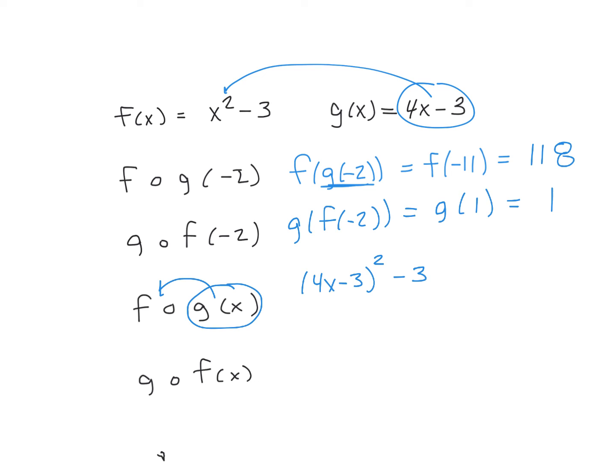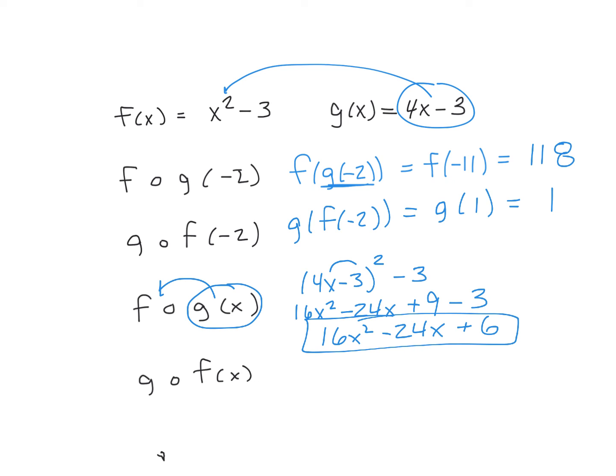If you remember SCHMADS, we'd square the first term. We're going to multiply and double. And then we're going to square the last term. And I've got the minus 3. I combine my like terms. And there's that composition.